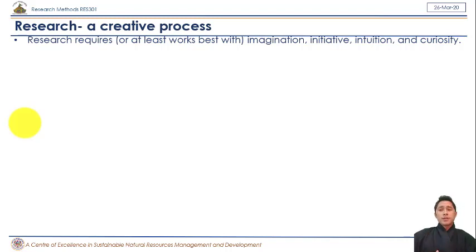The more creative that you are, the more creativity that you put into your research process, the better the research project or the research paper comes out. So research works best with imagination, initiative, intuition, and curiosity.